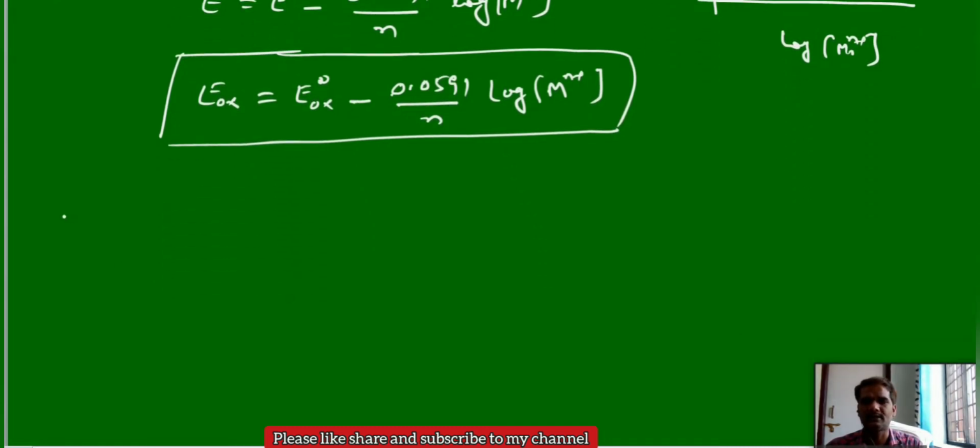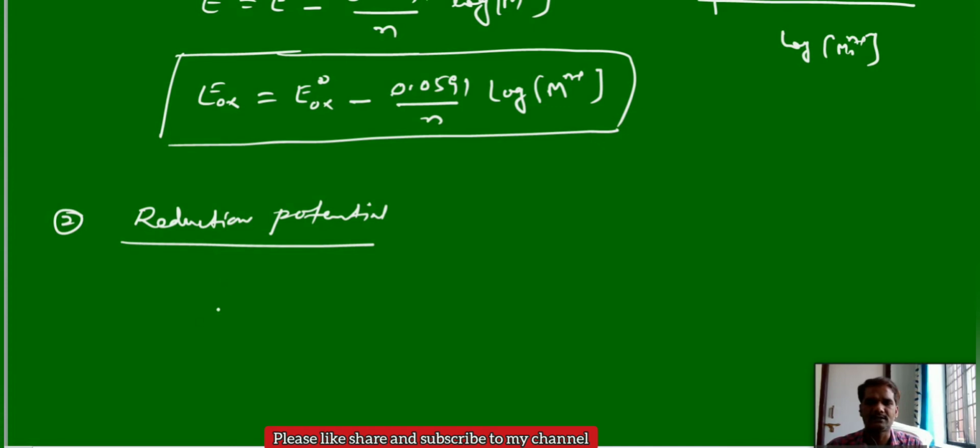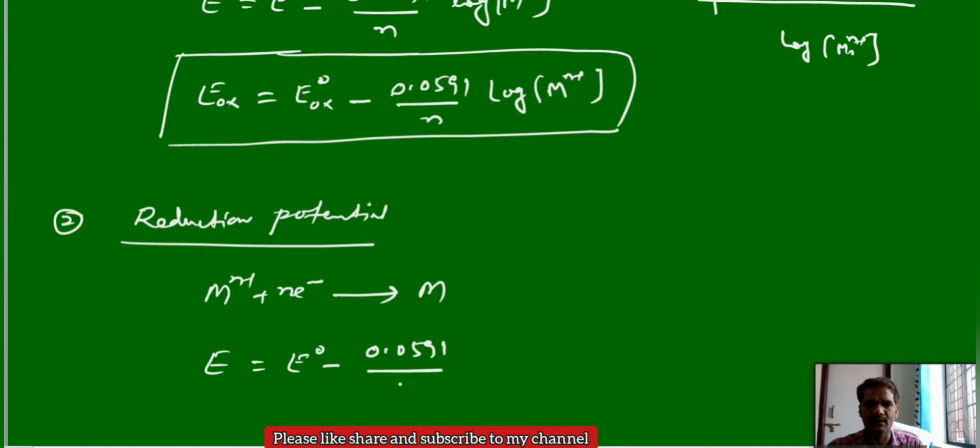Similarly, you can calculate the reduction potential also for a half-cell. We can just reverse the equation: Mn plus plus n electrons can give M. Then again, if you apply the Nernst equation for this, E equal to E naught minus 0.0591 by n log of, now here you will get the concentration of metal.